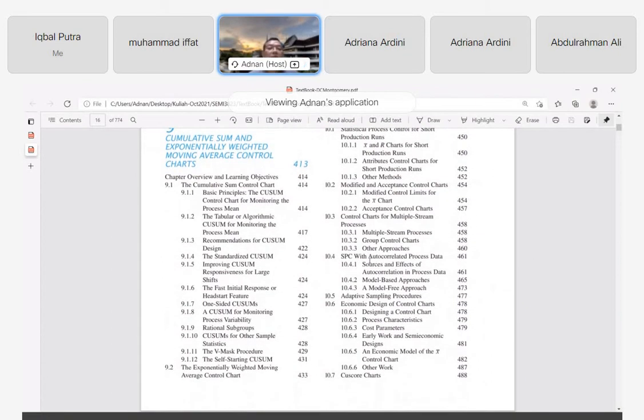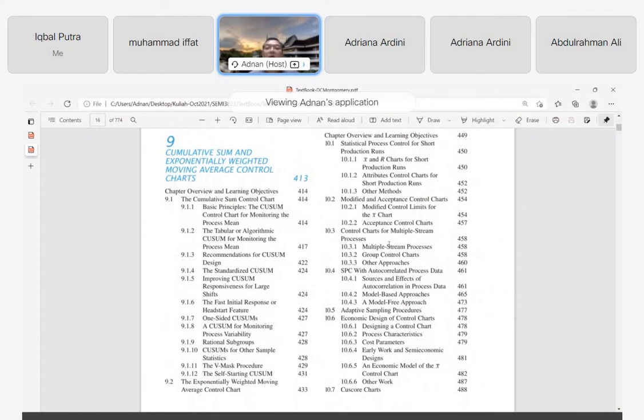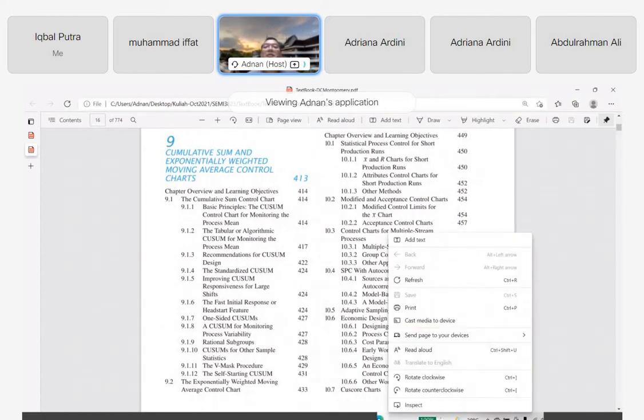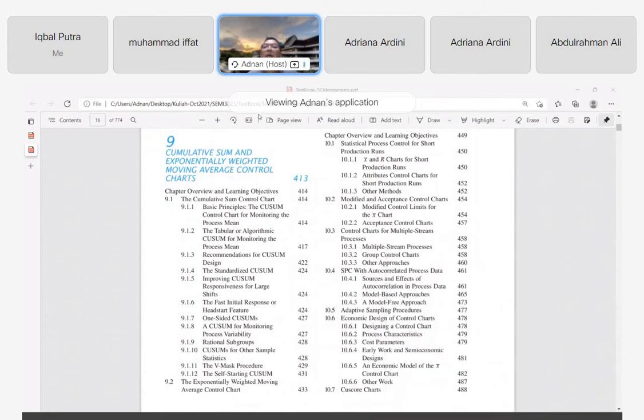Okay, if you see in chapter 9, we have cumulative sum. Does it appear on your screen? Yeah, let me just confirm with you. You see now, right? So this one is cumulative sum and exponential.